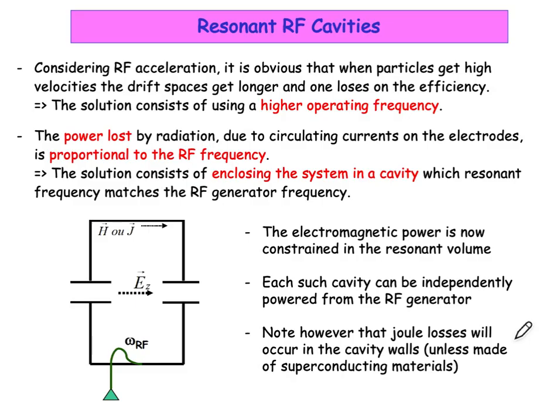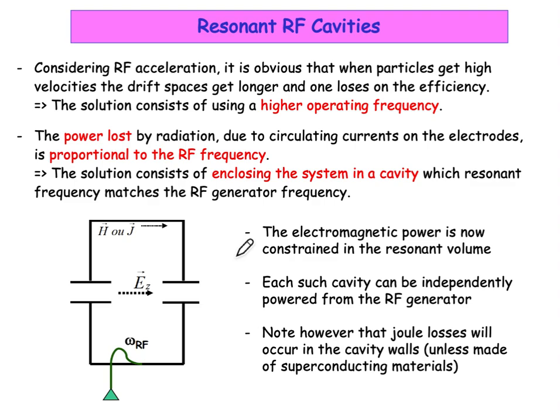The next type of accelerators are resonant RF cavities. In the previously developed Wideroe accelerators there is a small problem. If the particles reach high velocities, the drift spaces get longer and it loses efficiency.